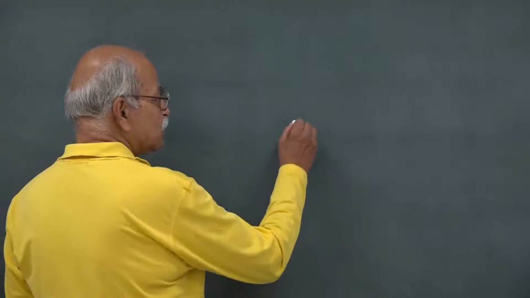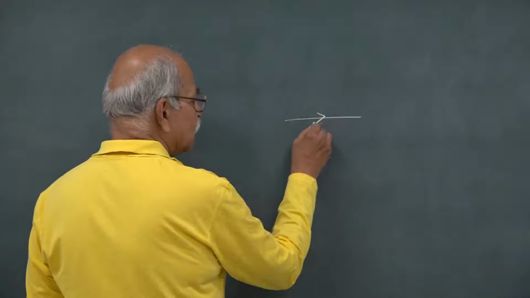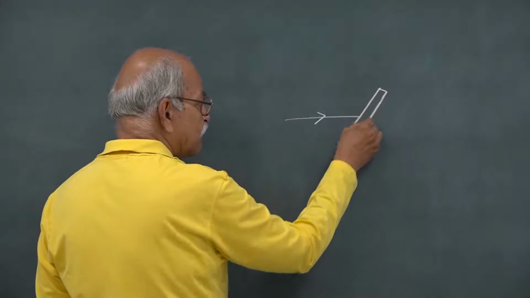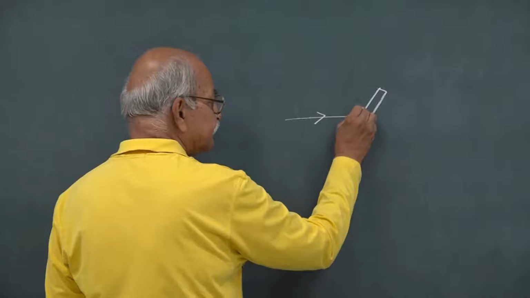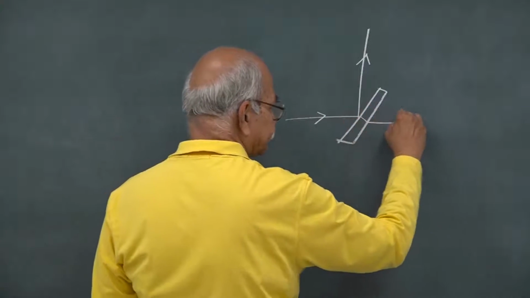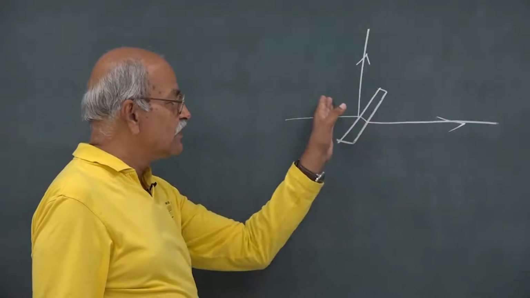Essentially, you have light coming and falling on a plate, from where part of it is reflected and part of it is refracted. It is very thin, so there is too much exaggeration in the shift that I am showing.